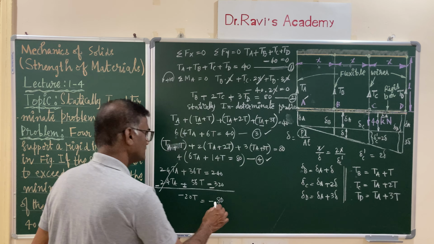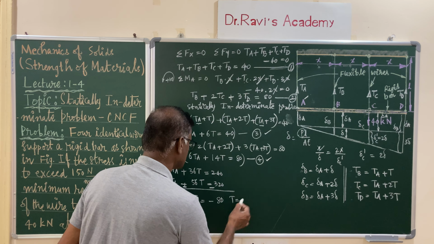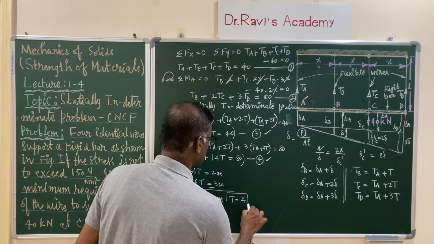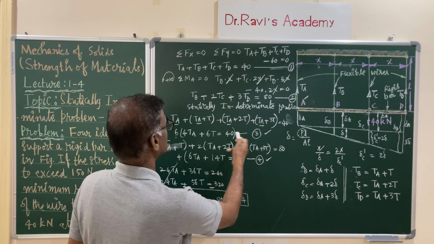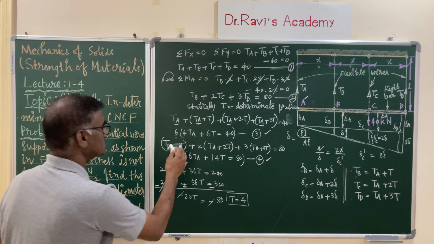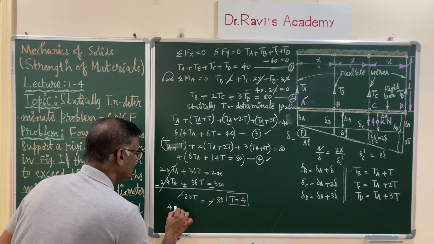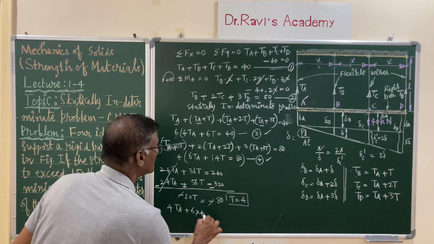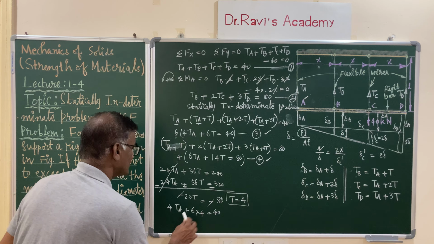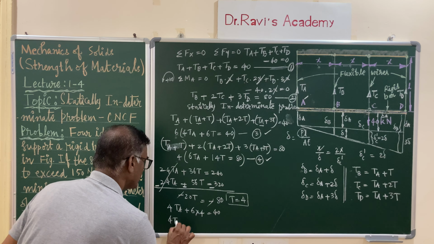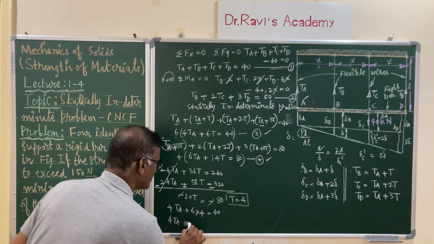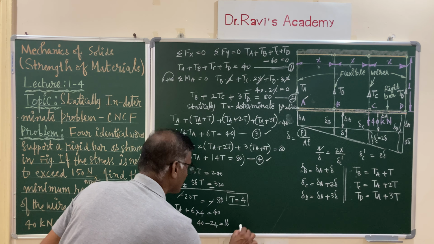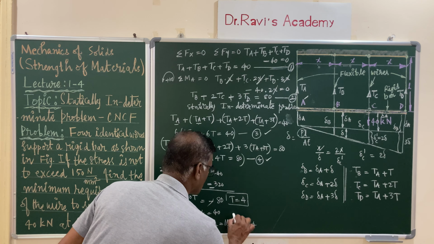So the T value becomes 4, as the minus gets cancelled. If you substitute this T value into one of these equations, say equation 3, it is 4 into TA plus 6 into T, T is 4, equal to 40. This becomes 4TA equal to 40 minus 24, that is 16, and TA is also 4 kilonewtons.